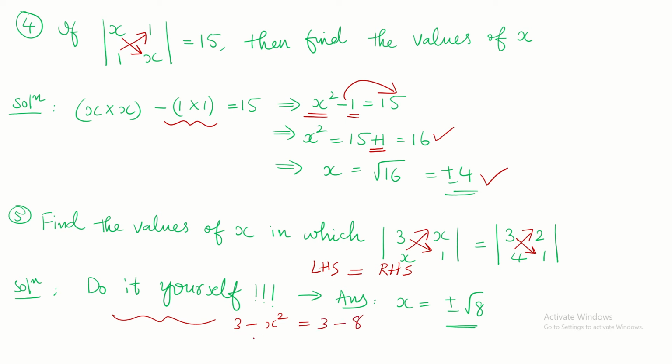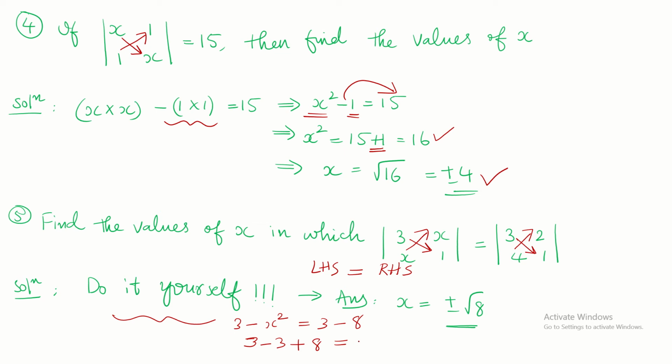So here 3 I'll write as it is. Plus 3, when it comes to the right side, should be minus 3, minus 8, and it comes to the left side as plus 8, equal to minus x square.